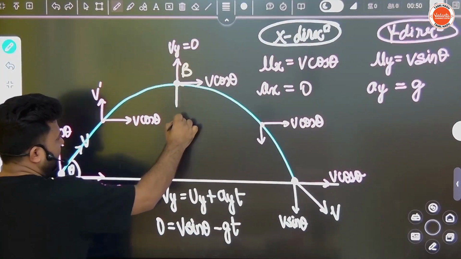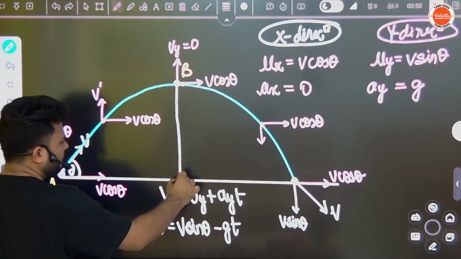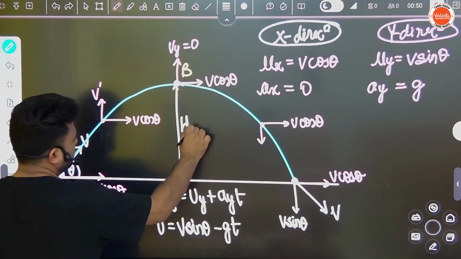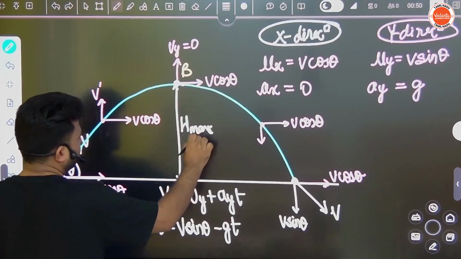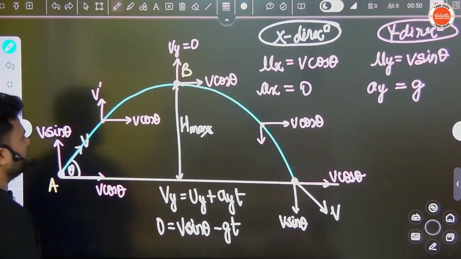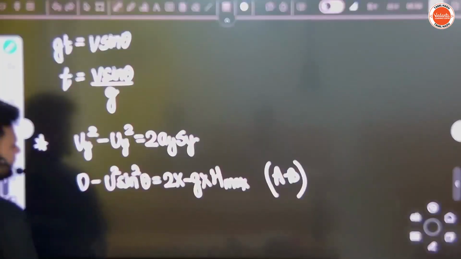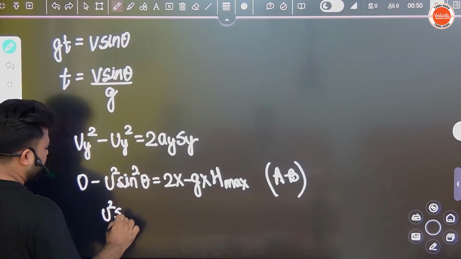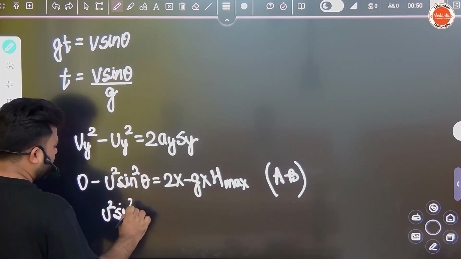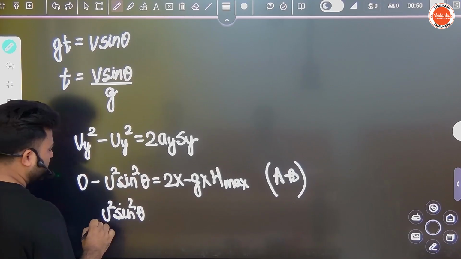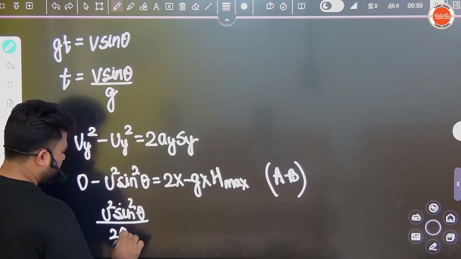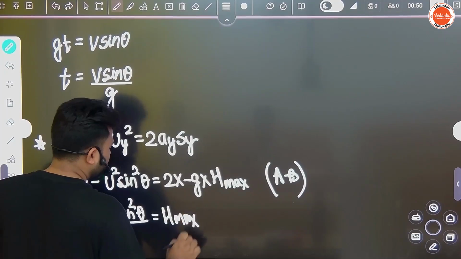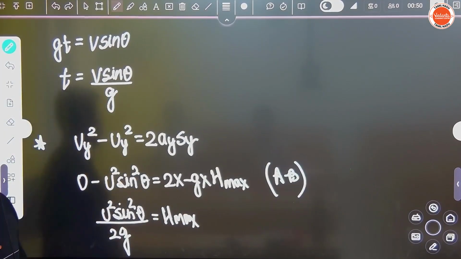See now, in y direction how much it got displaced. So this is h max. If you solve this, minus minus cancel, so u square sine square theta by 2g. This is h max. Correct?